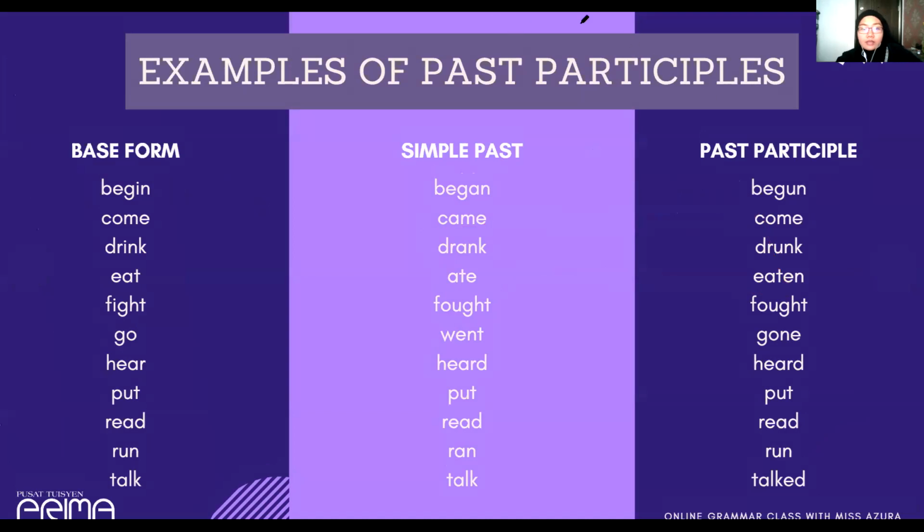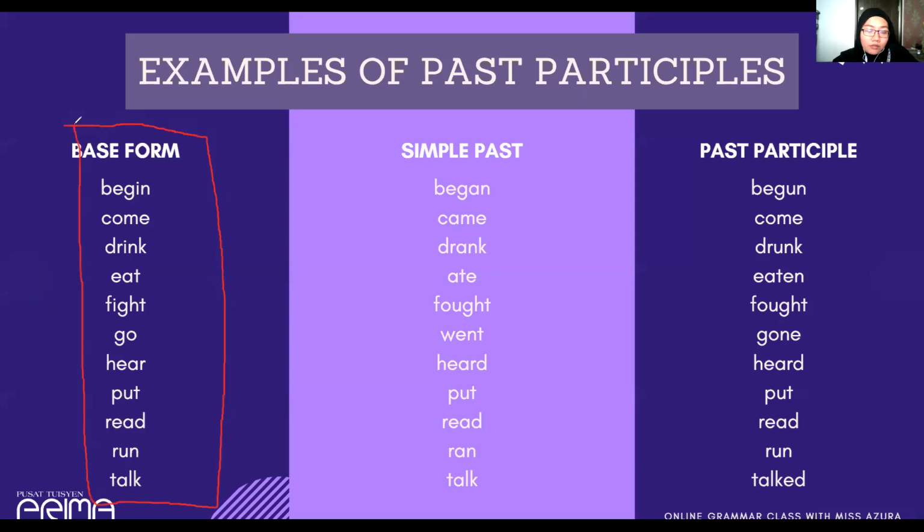These are some examples of past participles. The past participle is something I usually tell my students is the third column of the verb. So for example, let's look at the leftmost column here.